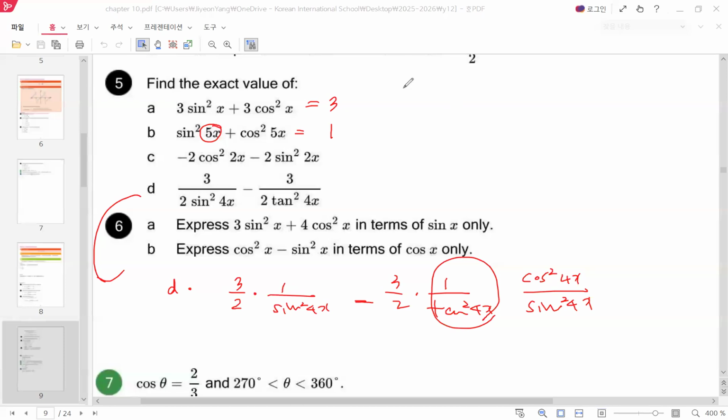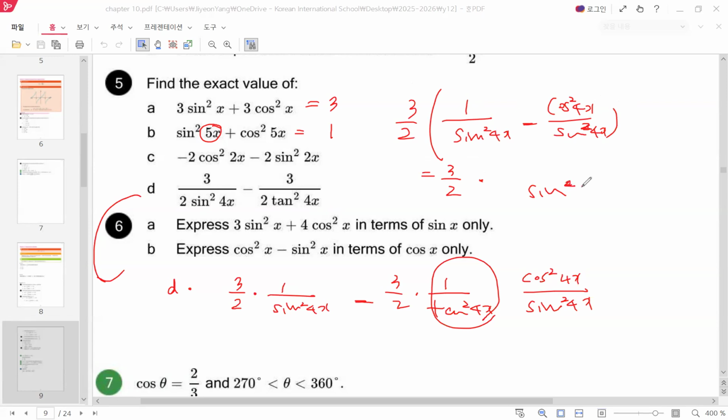Okay, thank you. And then students, 3 over 2, please move it to the front. 1 over sine square 4x minus cosine square 4x over sine square 4x. Since the denominator is the same, you can combine together sine square 4x, and then in the numerator, 1 minus cosine square 4x.